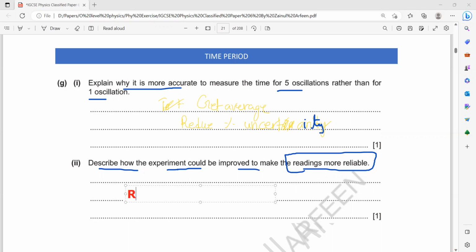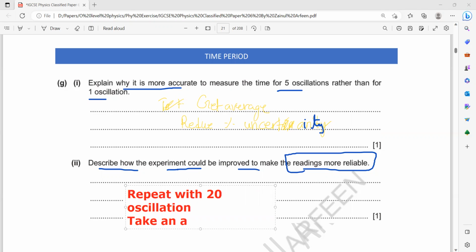Repeating is not like doing the experiment one time; do the experiment many times and then take an average result.